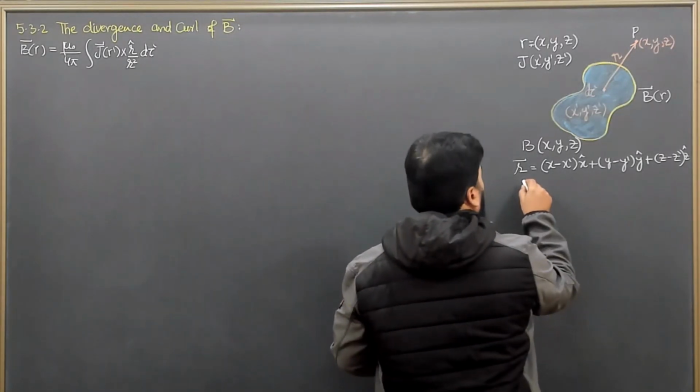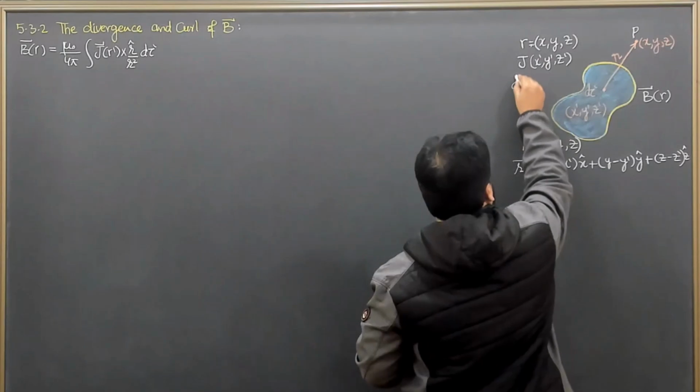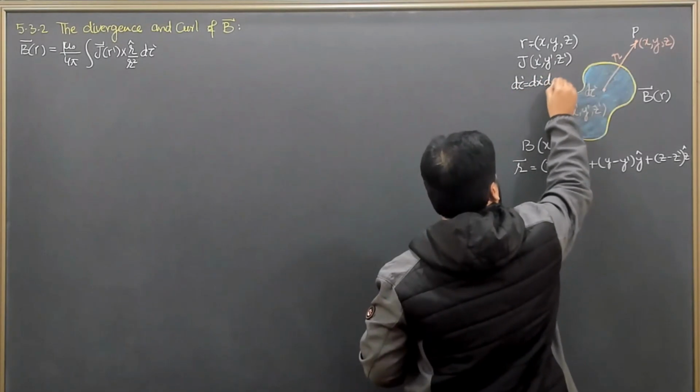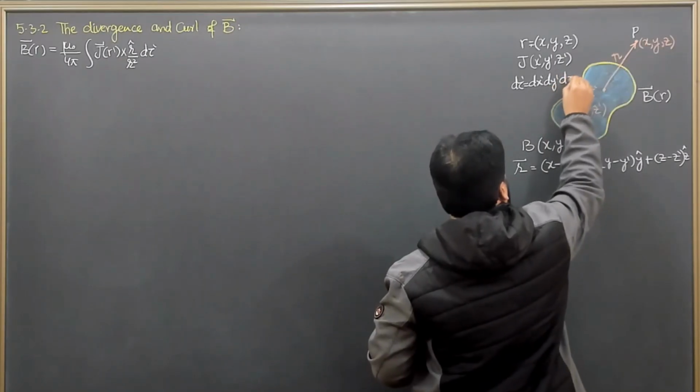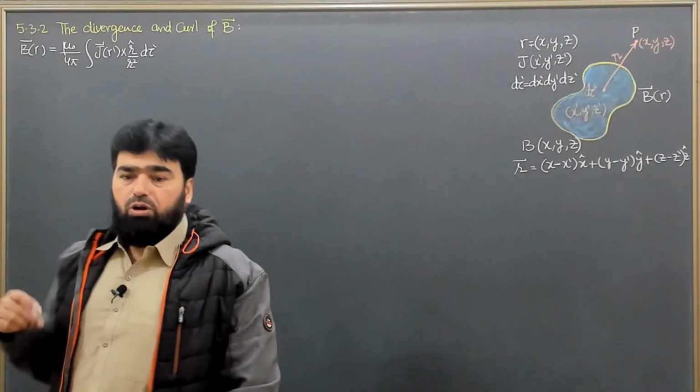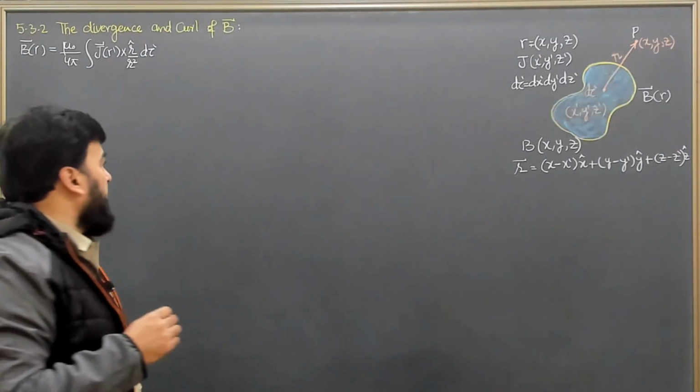Similarly, d tau prime is dx prime dy prime dz prime. So this is all for our primed and unprimed coordinates.